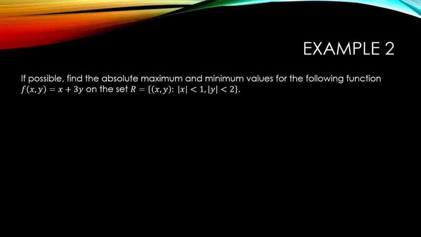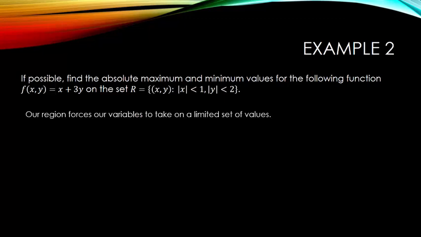If possible, we want to find the absolute maximum and minimum values for the following function, f of x,y equals x plus 3y, on the region R given by all x,y such that the absolute value of x is less than 1 and the absolute value of y is less than 2.